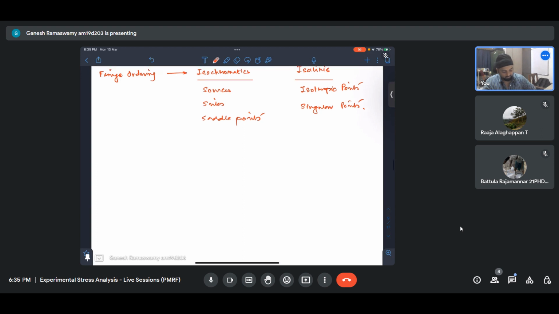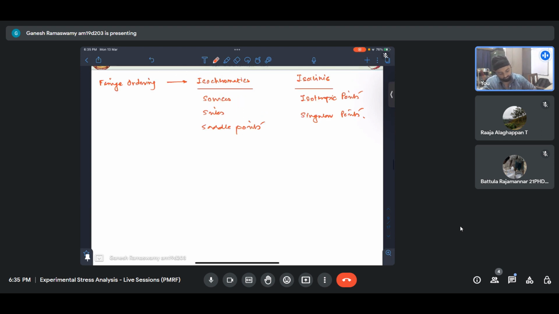Now, if we were to define each one of them, sources are basically where fringes originate. Sinks are where fringes vanish.